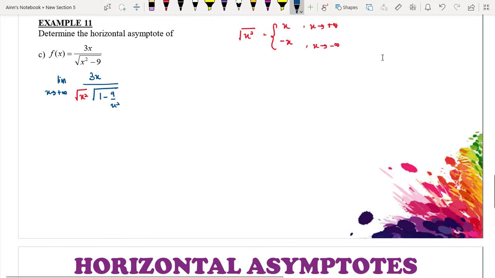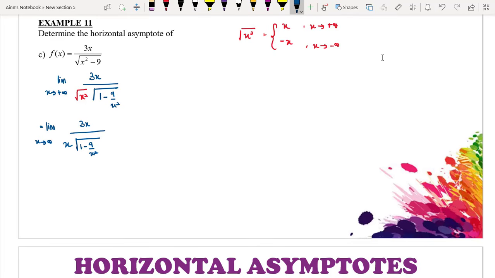So we have the limit as x approaches positive infinity of 3x over x times the square root of 1 minus 9 over x squared. We don't need to write the positive.